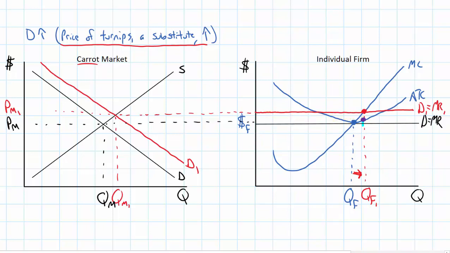Now I'm going to explain what will happen in the long run when you have a short run profit. Profits are going to attract new firms, so there'll be new firms in the industry. What that means is the supply for the industry is going to increase and the price will fall until everybody earns a normal profit.